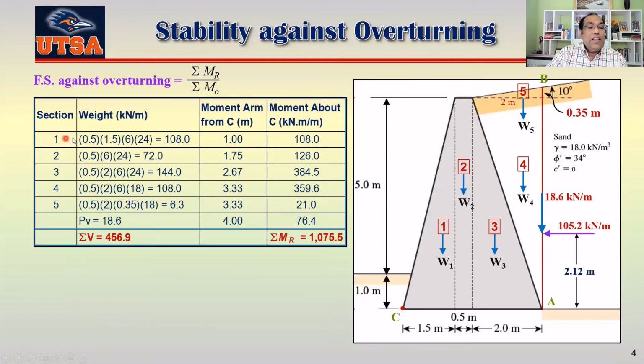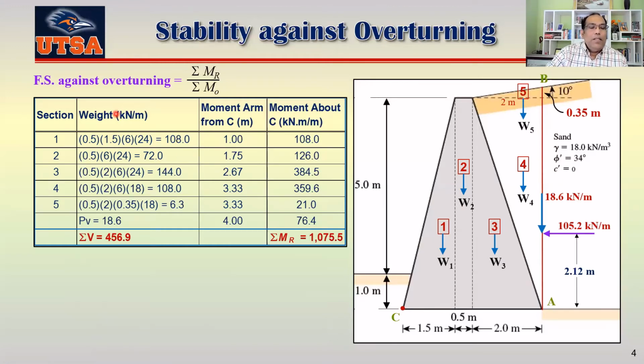Let's say, for example, for 1, the area is half into 1.5 into 6, and then multiplied by the unit weight, which is 24 kilonewton per meter cube. So I get the total weight per unit length of the wall. In the other direction, it's just 1 unit length, meaning 1 meter.